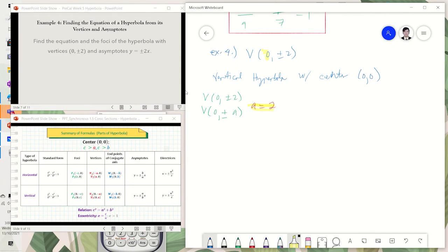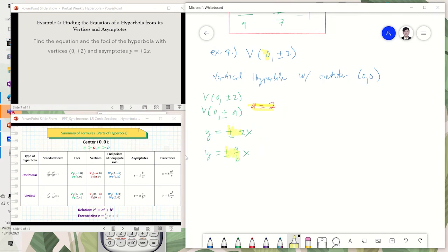Next, we're also given the asymptotes. The asymptotes are y is equal to positive or negative 2x. And as you can see here, for vertical hyperbola, you have y is equal to positive or negative a over b x.